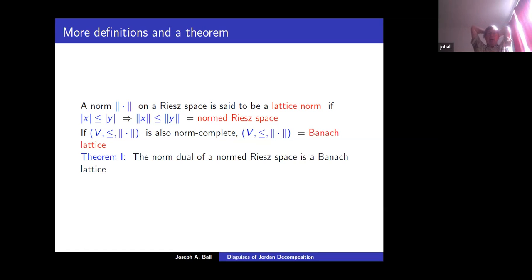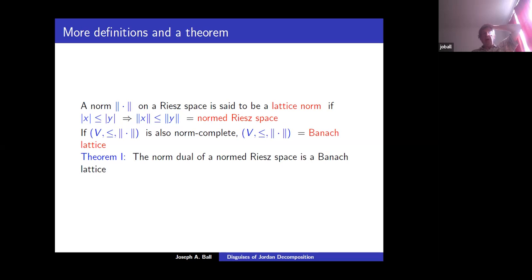That's the absolute value of x in a Riesz space. Then the norm is compatible if |x| less than or equal to |y| in the ordering on the vector space implies norm of x is less than or equal to norm of y, where that ordering is on the real numbers. And if V is also norm complete, we say we have a Banach space.